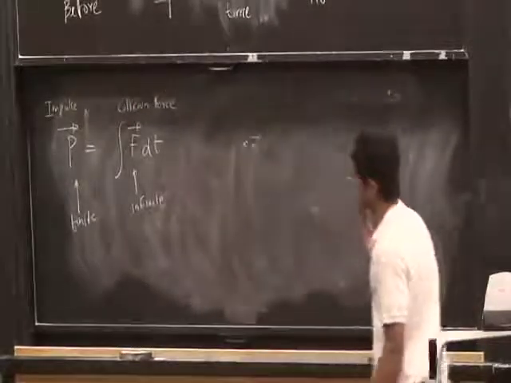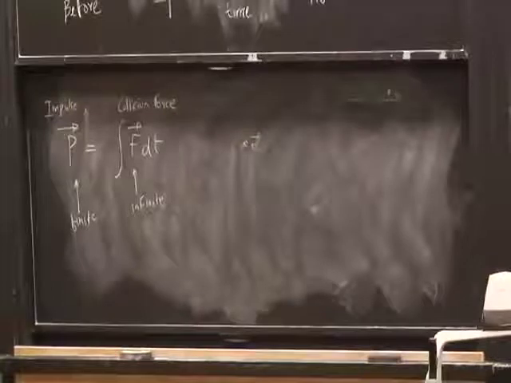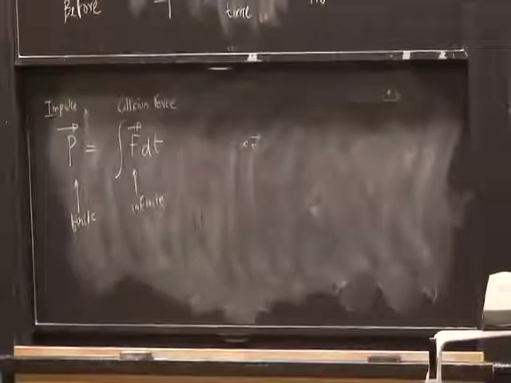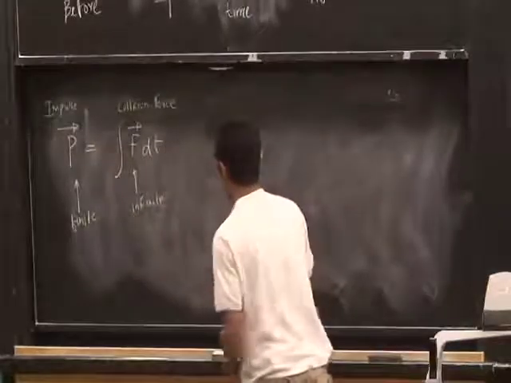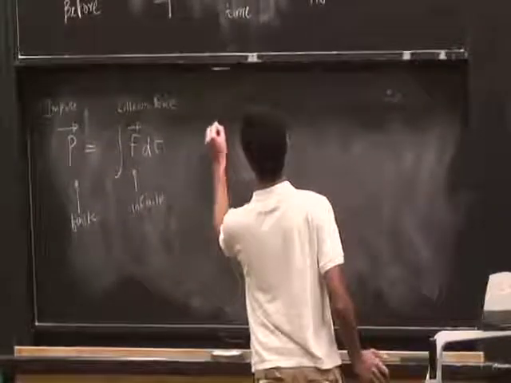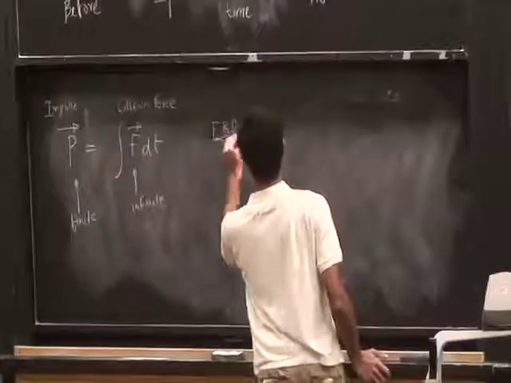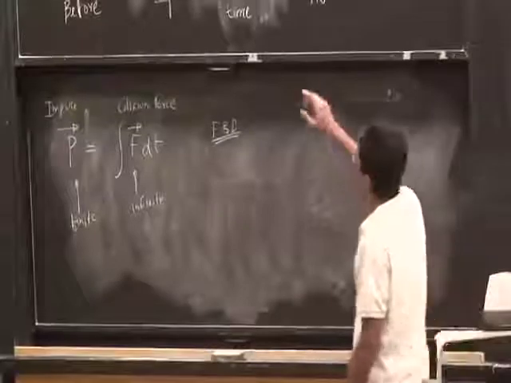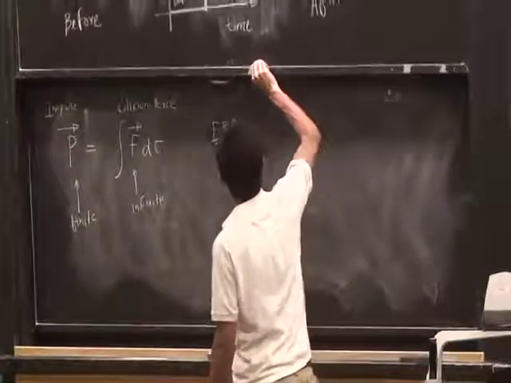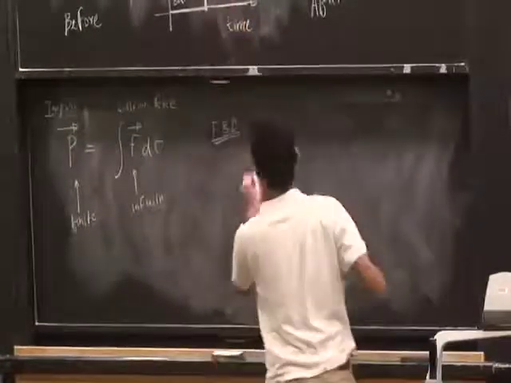Now the question is, can we do useful mechanics with what I have over here on the board? Well, it turns out you can. So what happens is, let's draw a free body diagram for the system. I'm going to draw the free body diagram for this instant when the collision is taking place.